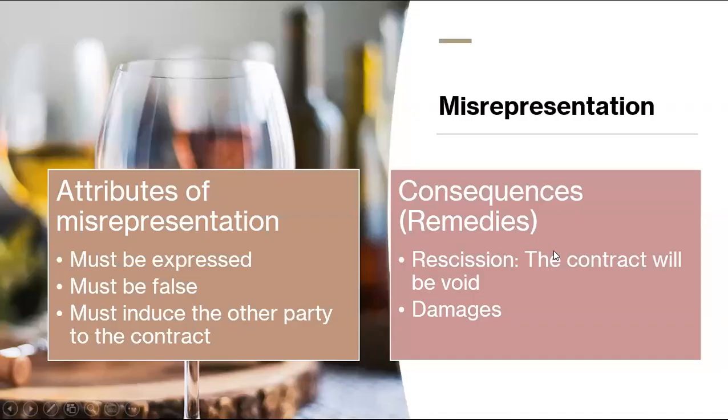And the second remedy is that if the innocent party has suffered some kind of loss, then he will be entitled to damages, and those damages must be paid by the party who made the misrepresentation. Okay, that's all about misrepresentation.